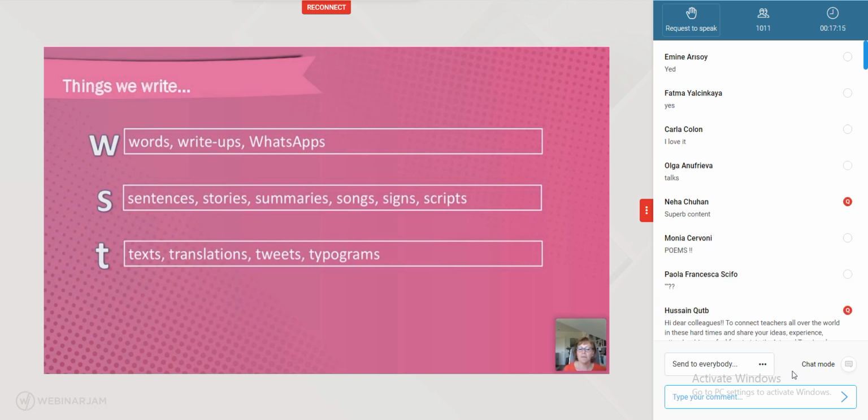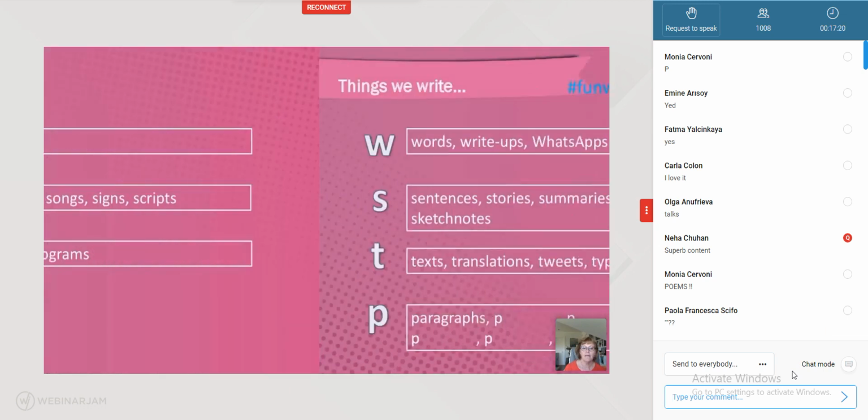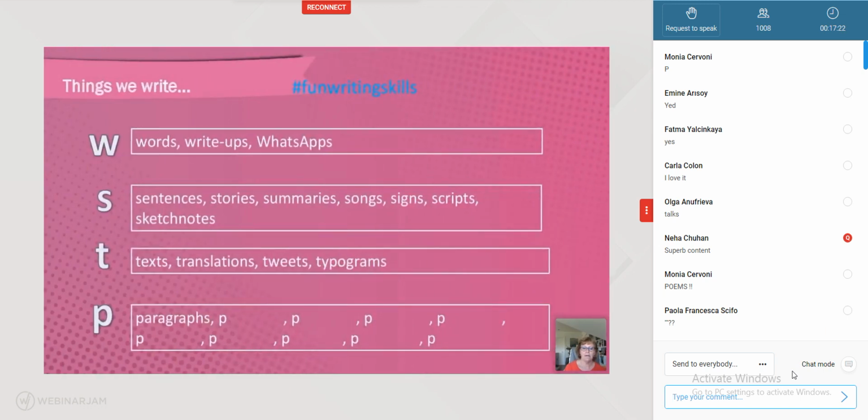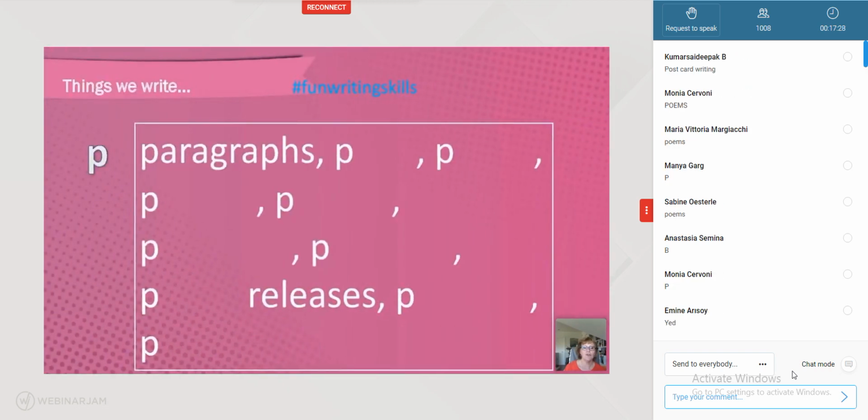Okay, so what's my next letter going to be? B. Okay, so I've given you the word paragraphs. And what I'm going to ask you to do, so I don't know whether we've got anybody, I know we had people from Portugal. I saw we had at least one teacher from Pakistan, Poland, Peru, Prague.